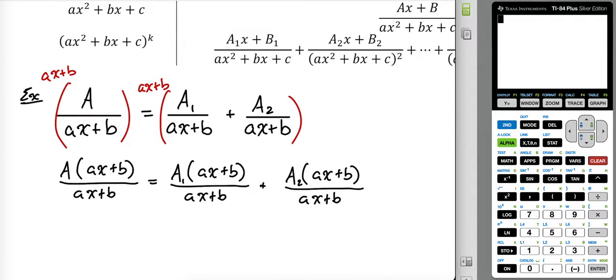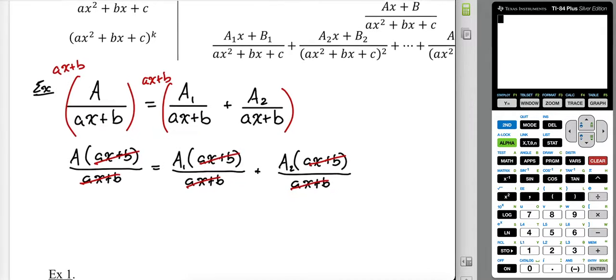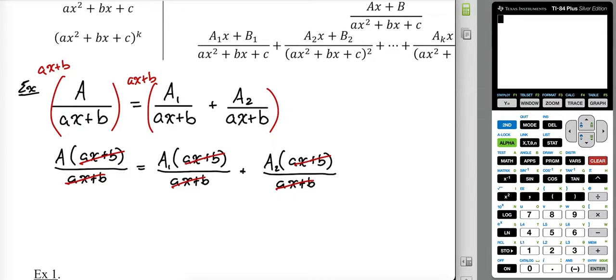And then you'll be able to cancel across the board and see that it's really just a equal to the sum of a1 and a2.